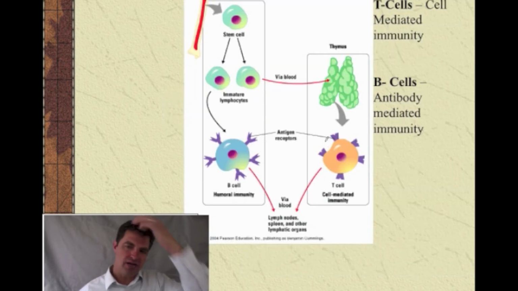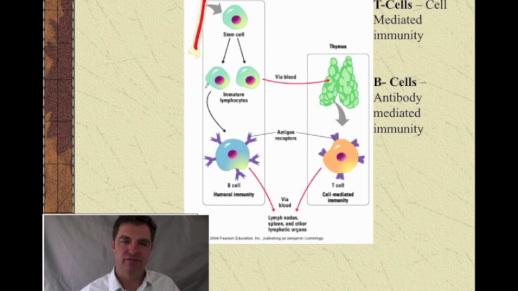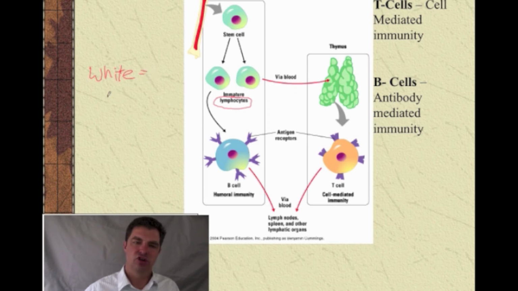There are two types of these lymphocytes. A lymphocyte is a type of white blood cell, also called a leukocyte. White blood cells are broken down into different types of leukocytes.